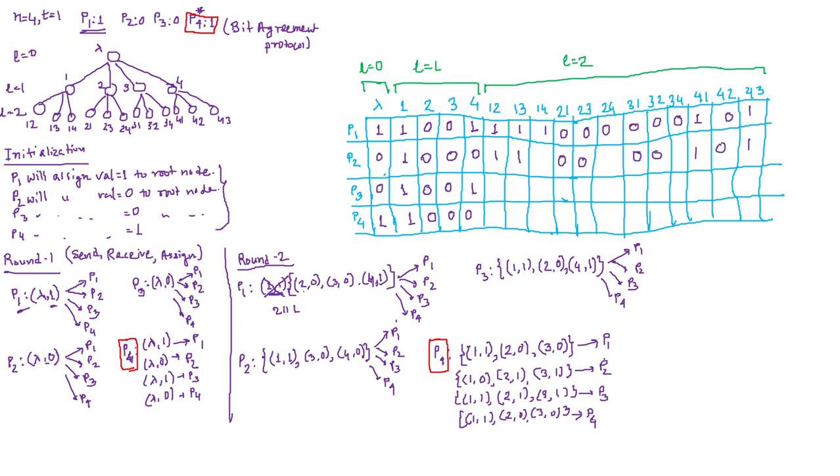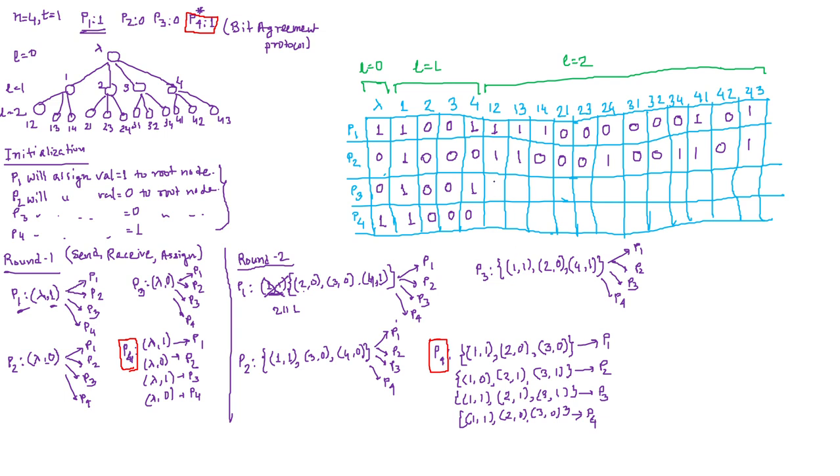Similarly, in this case, 1, 4 gets the value 0. 2, 4 gets the value 1. 3, 4 gets the value 1.